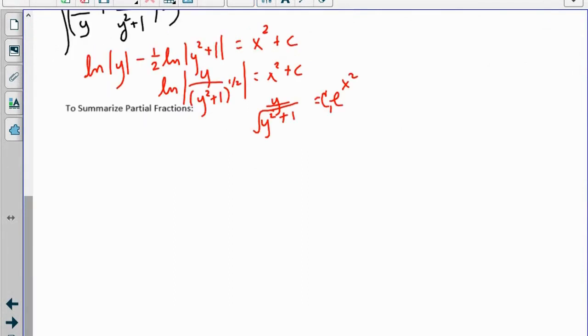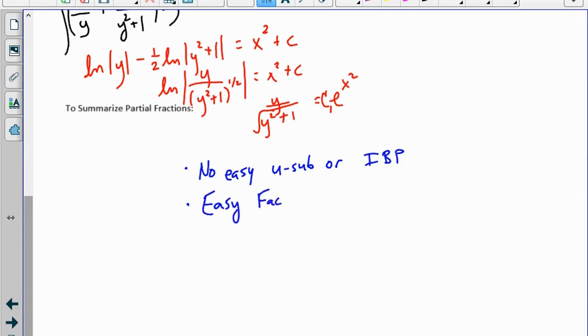To summarize partial fractions, basically you want to do it when there's no easy u sub or integration by parts, and it's basically something where you have easy or maybe not so easy factoring in the denominator.